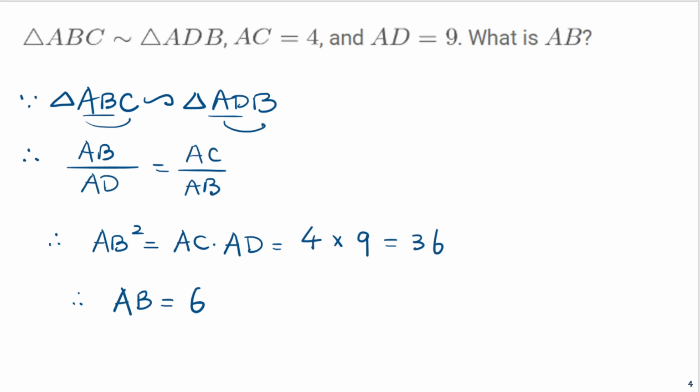Okay, now the problem is, how do we determine if two triangles are similar or not? Remember, when we talk about congruent triangles, we have 4 theorems that can be used to determine if two triangles are congruent, right? Can you recall that?